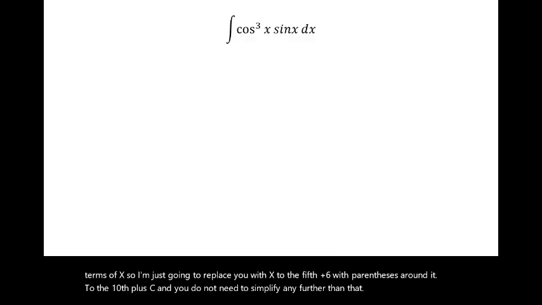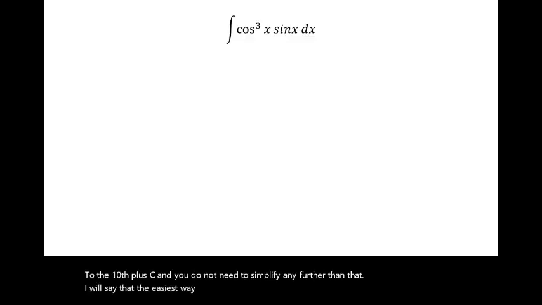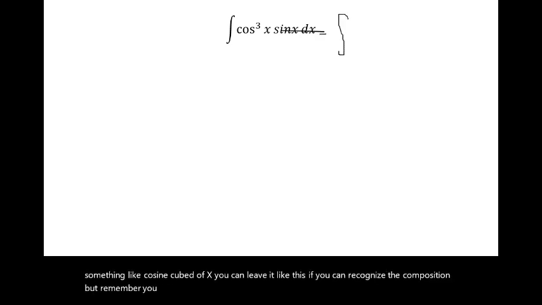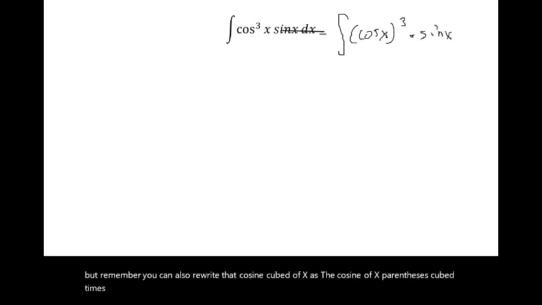I will say that the easiest way to master this is just to do a whole bunch of these. Also, for something like cosine cubed of x, you can leave it like this if you can recognize the composition, but remember, you can also rewrite that cosine cubed of x as the cosine of x, parentheses, cubed times the sine of x dx.